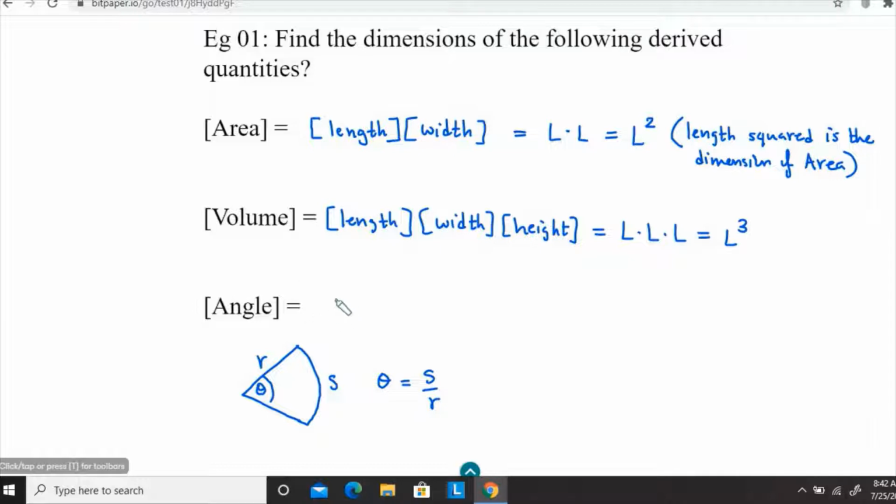As a result, I'm going to define the dimensions of angle as the dimensions of arc length divided by the dimensions of radius.